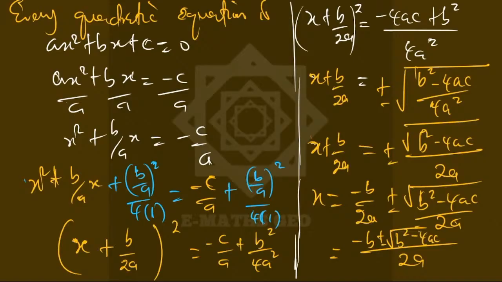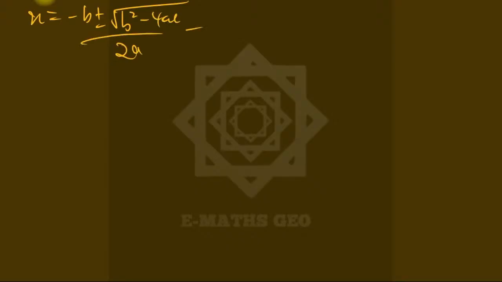So this formula is what we call the quadratic formula. The final answer that we got, x equals minus b plus or minus that over 2a, is called what? Quadratic formula.